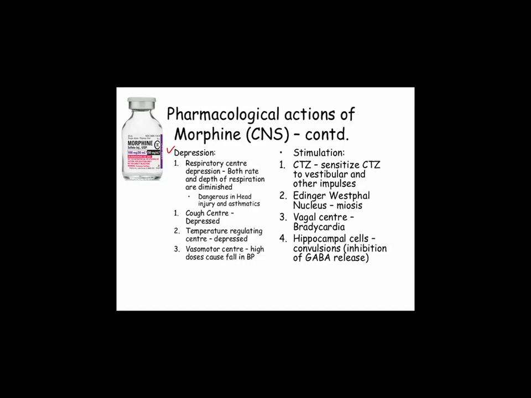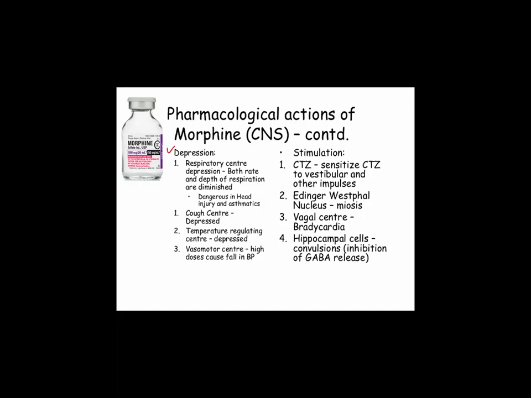Also, morphine causes depression: respiratory center depression, cough center depression, temperature regulating center depression, and vasomotor center depression as well. So these medicines may cause dyspnea and apnea. In case of overdose or poisoning, they cause Cheyne-Stokes breathing, a specific type of breathing.